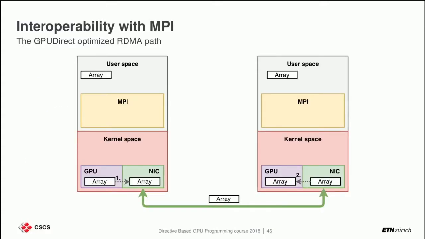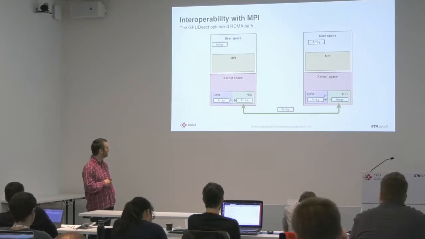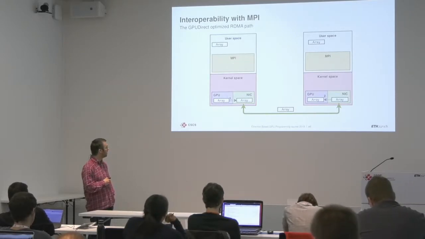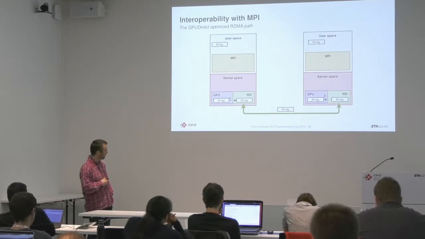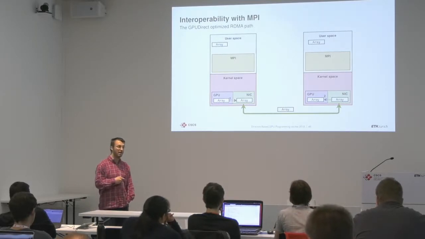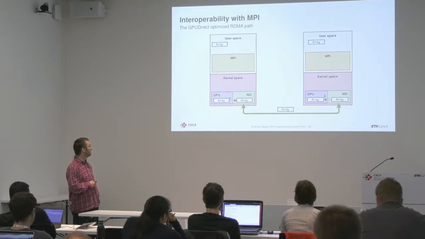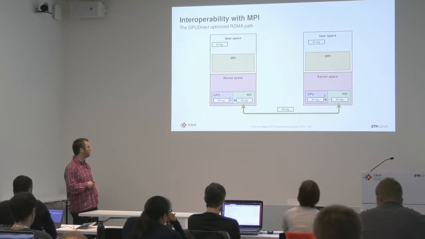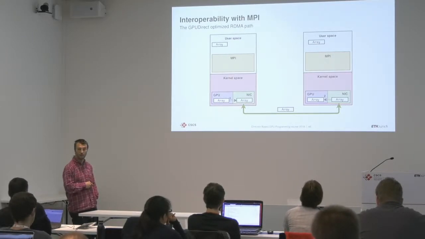So let's see what's happening. When you do an MPI send, and you instruct the MPI library to send this buffer, and the MPI implementation sees that this buffer resides on the GPU, then it can set up a DMA directly from the GPU to the network card.